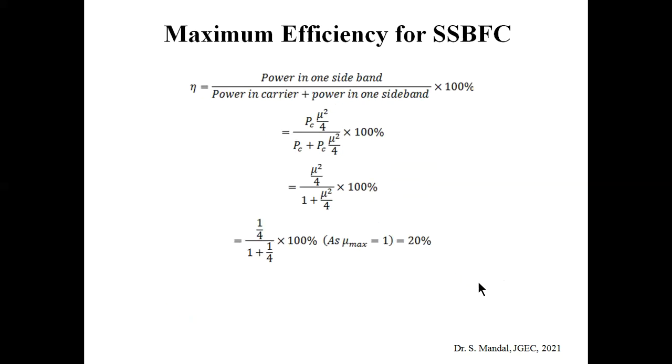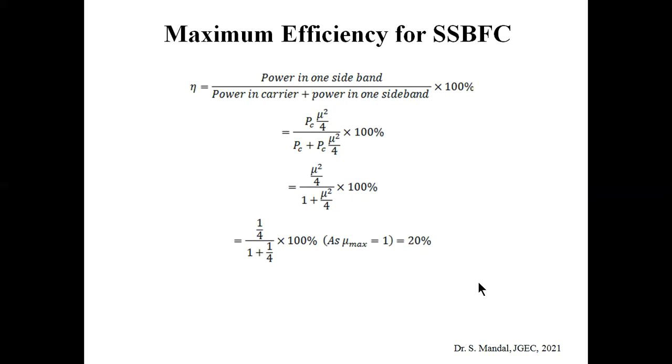Okay, now let's calculate the maximum efficiency for SSB FC. So the equation or the definition of efficiency is power in one sideband divided by power in carrier plus power in one sideband. Okay, that is for SSB. That's why we are using the term one sideband. So PC into mu square by 4 divided by PC plus PC into mu square by 4.